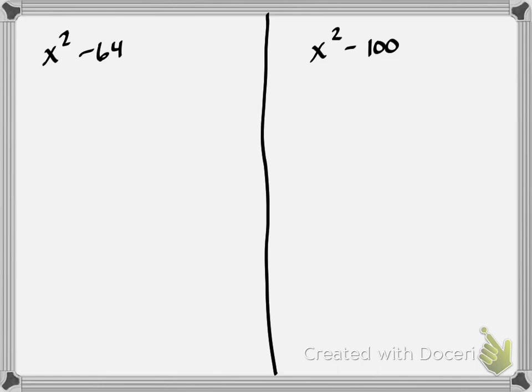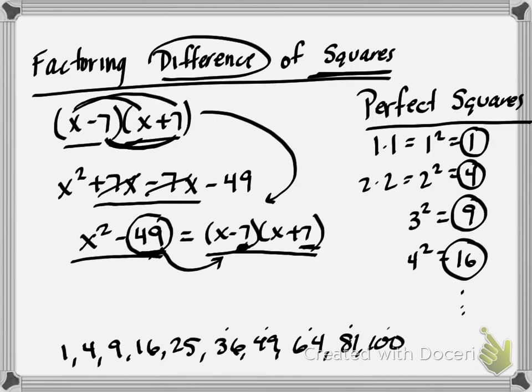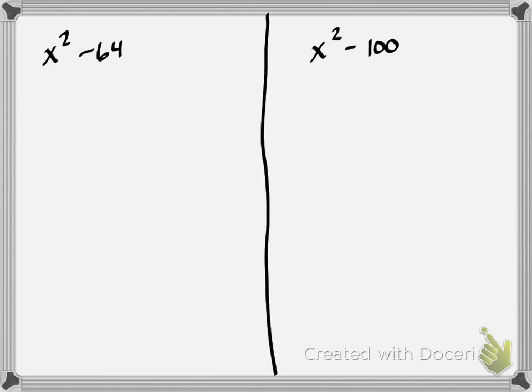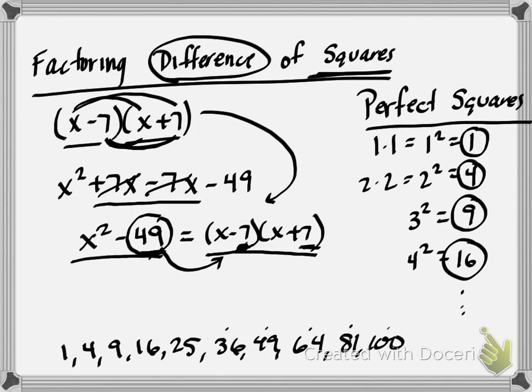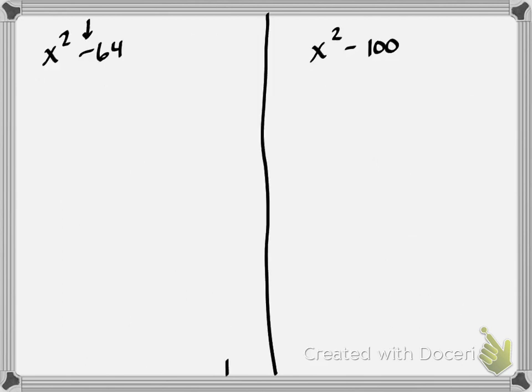Now notice, we have x squared minus, and the reason they call it difference is because you are subtracting right here. This is a subtraction problem. And so we have x squared minus 64. If you look back at our perfect squares list, 64 does in fact end up on my list. So what's the square root of 64?